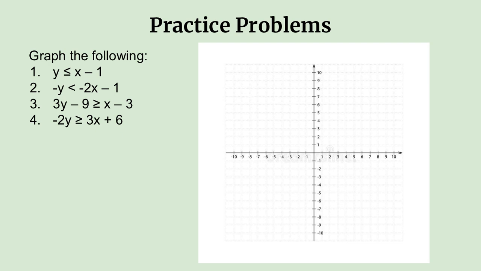For the second one, it's a lot of undoing. We need to fix it first. So we're going to divide by that negative 1 here. So we got y is greater than 2x plus 1. So up 2 over 1.